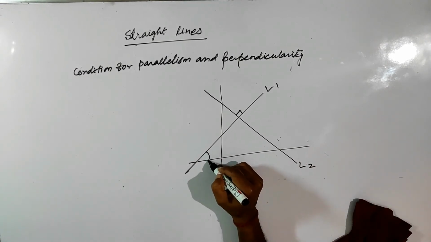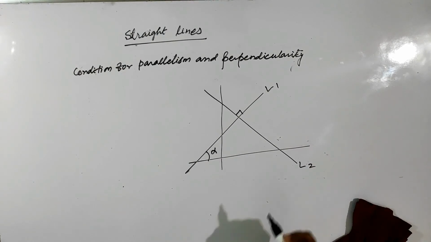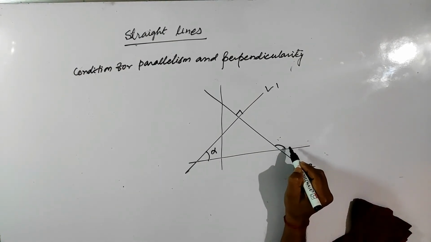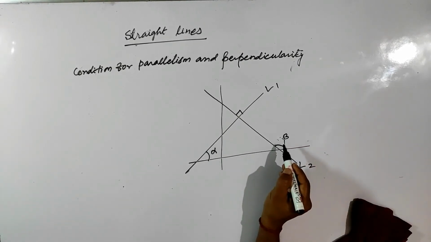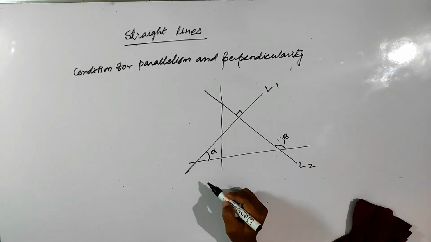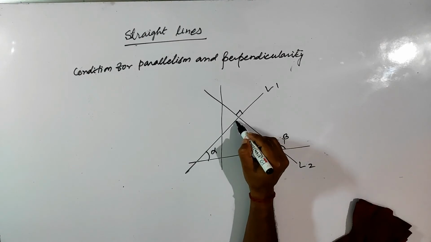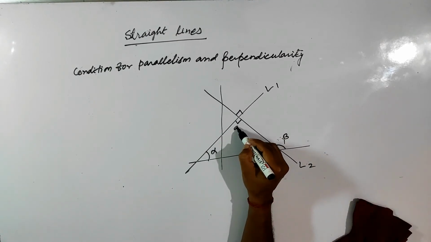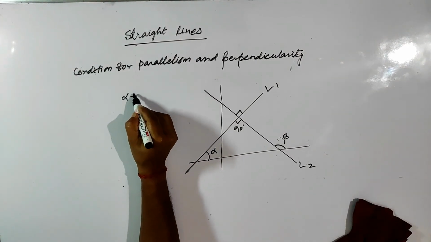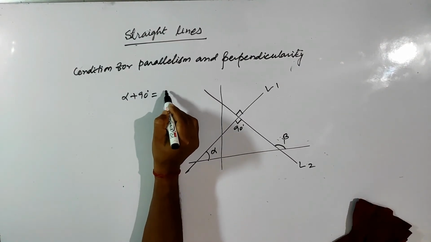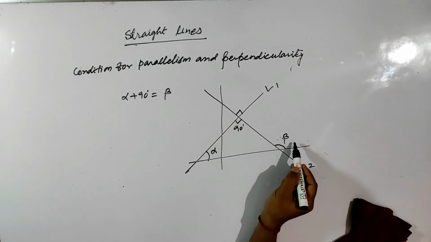Now if this line makes alpha with the x-axis and this line makes beta with the x-axis, we always have to consider angles in the positive direction, which means the anti-clockwise direction. Since the lines intersect each other perpendicularly, this angle is also 90 degrees. So alpha plus 90 degrees is equal to beta. The sum of this and this angle is this angle.